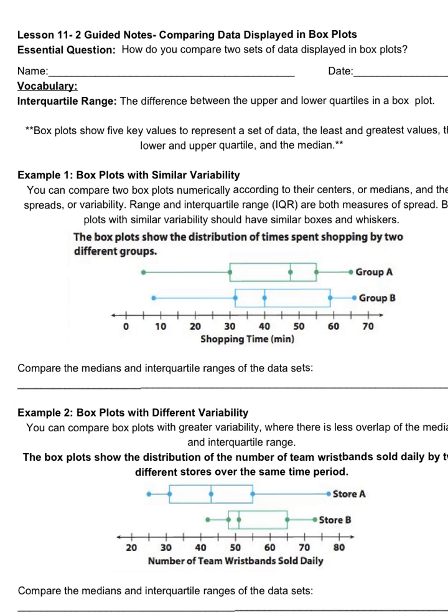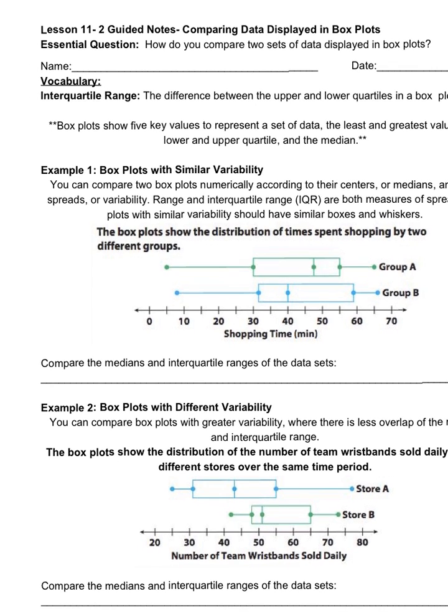So these two box plots show the distribution of time spent shopping by two different groups. So we have Group A and Group B. The first thing that we want to look at is just comparing the medians. For Group A, the median is right here.